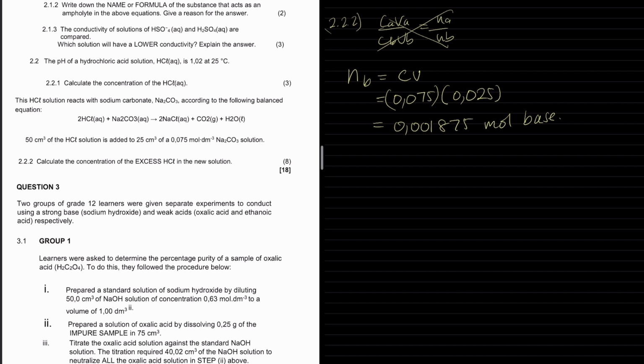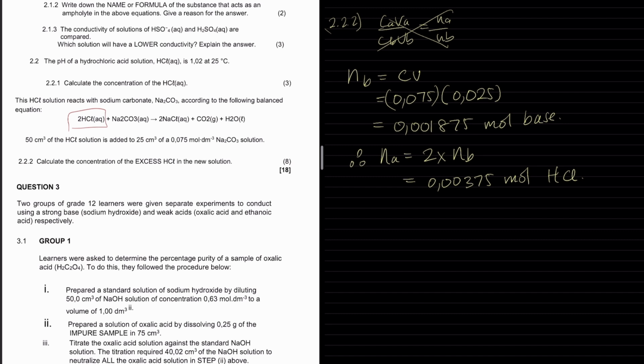Next, we can use a mole ratio to get the number of moles of the acid that reacted. The mole ratio is 2:1. Therefore, the number of moles of the acid is going to be 2 times the number of moles of the base. That's going to be 0.00375 moles of my HCl, and this is the amount that reacted.